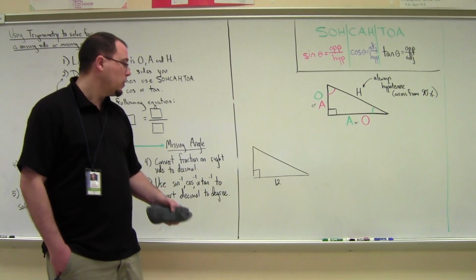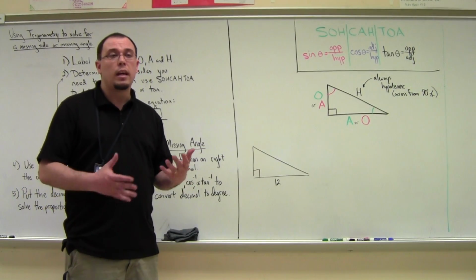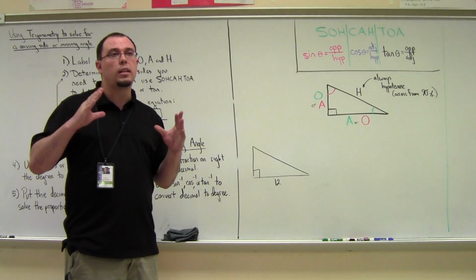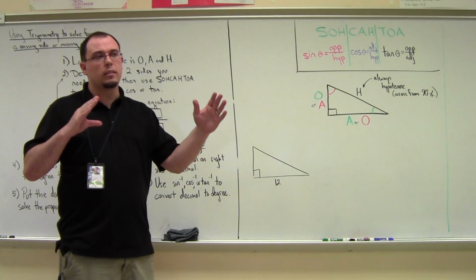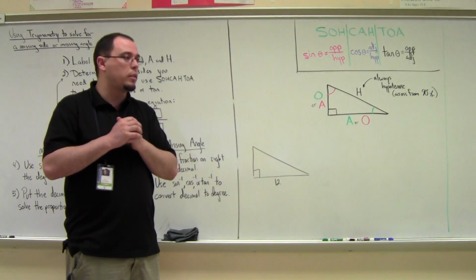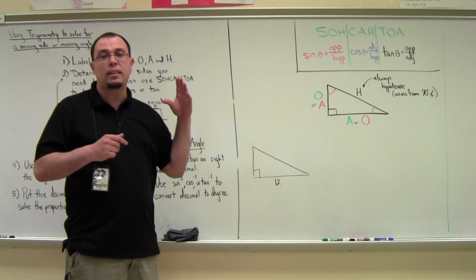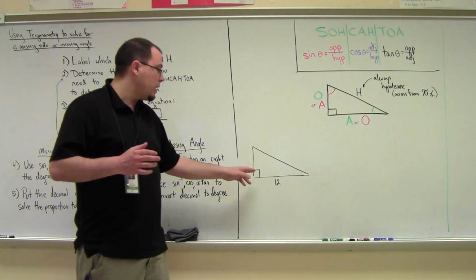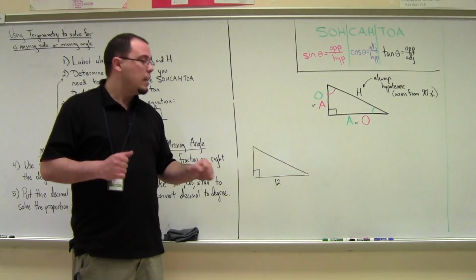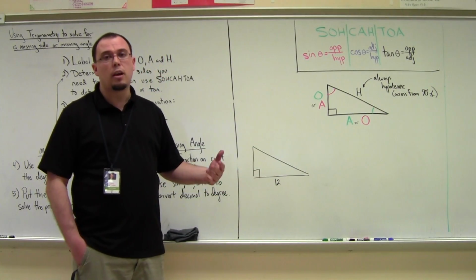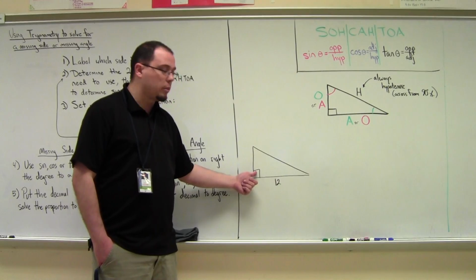The reason that's useful is because of what we've talked about this whole week about similarity, which is the idea that because we know the side-angle relationship, if you're given a side, you're going to be able to know something about the angle across from it. And in a right triangle, if you're given an angle, we're also going to be able to know what the other angles are, because you know this is 90 degrees.